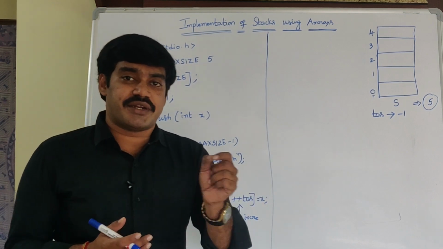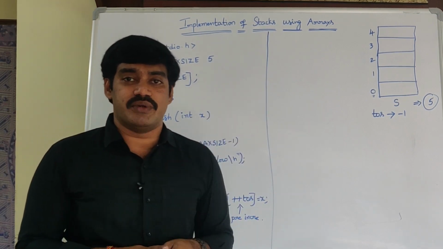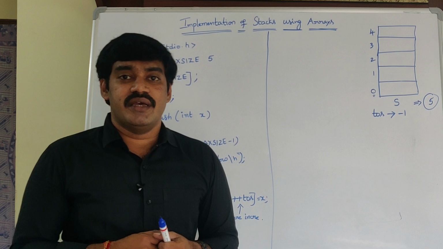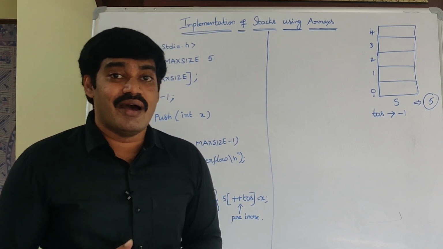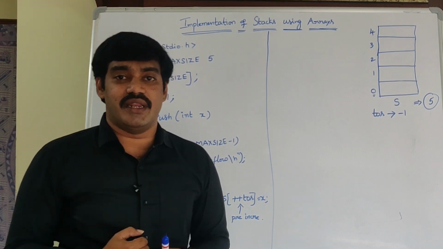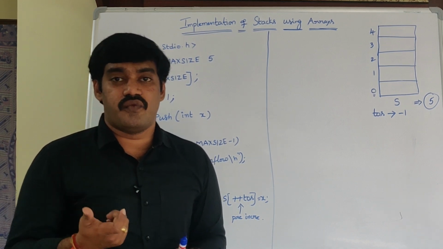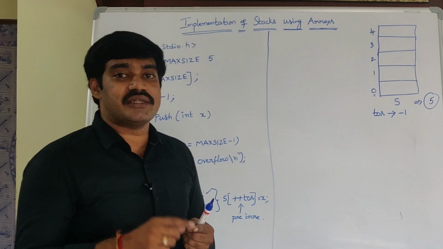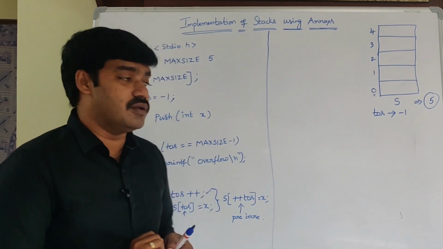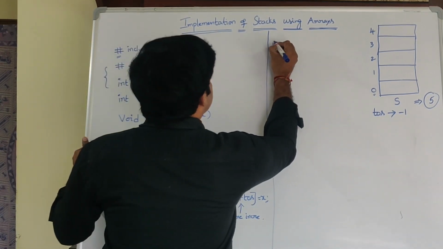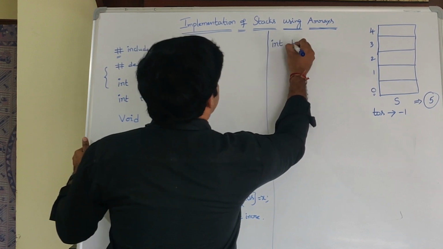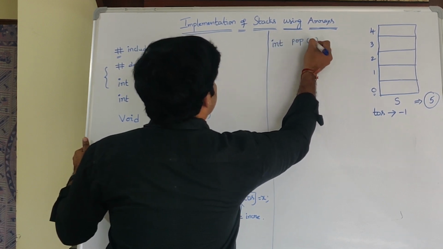If the stack is not empty, then which element is to be deleted? The last inserted element is to be deleted. That's why the principle of stack is last in, first out. So the pop function returns either -1 or an integer value, so the return type of the pop function is int. The function name is pop. int pop.